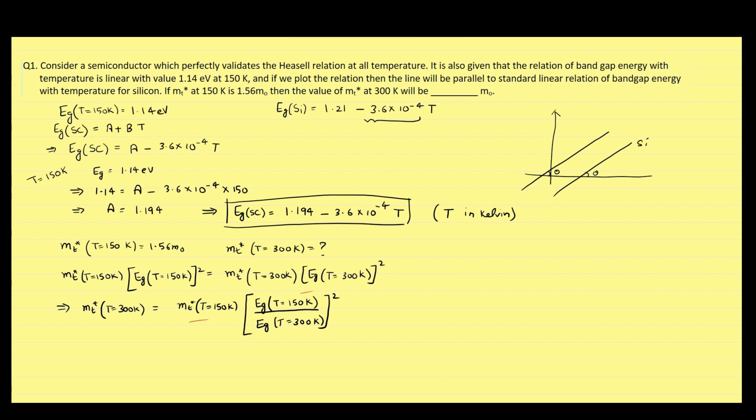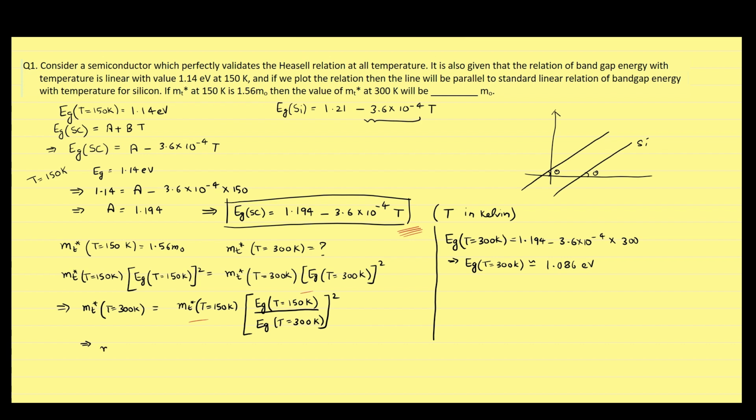Now putting the value of T equal to 300 in this equation, the value of band gap energy at 300 Kelvin will come approximately equal to 1.086 electron volt.